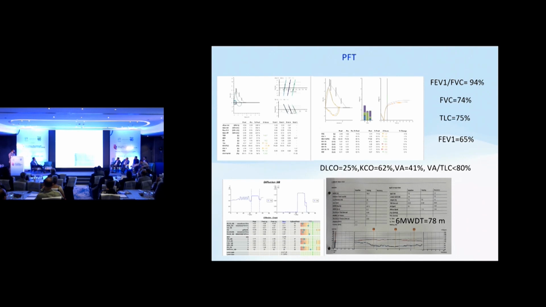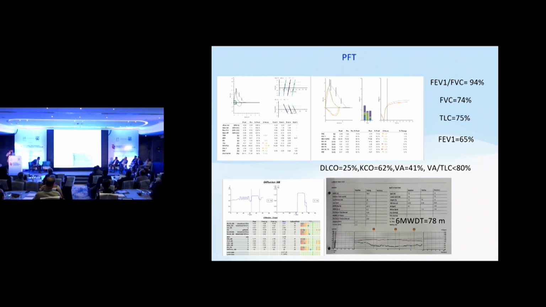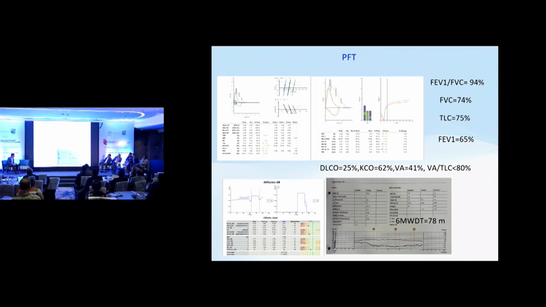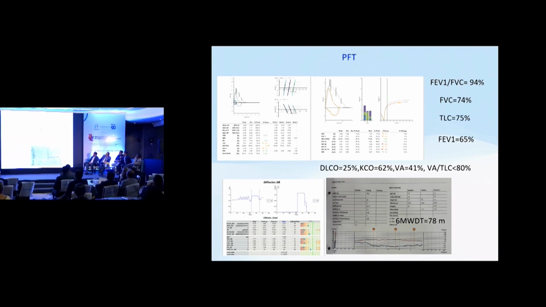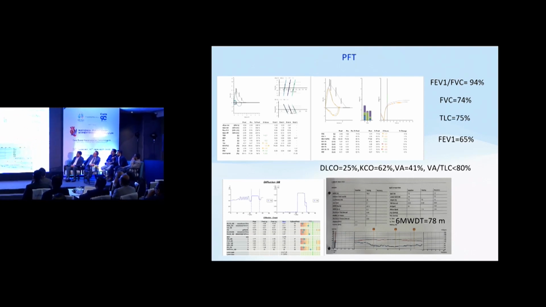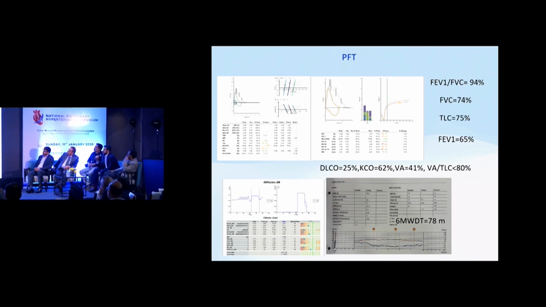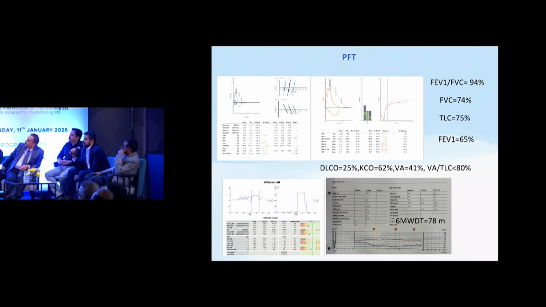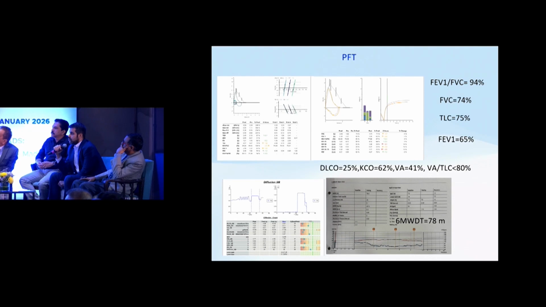So I'd request Dr. Abhijit, how do you interpret this pulmonary function test report in the context of this patient? So largely the ratio is preserved, so obstruction is not much. FVC is again borderline normal, but your DLCO is quite reduced. Alveolar volumes are also reduced.